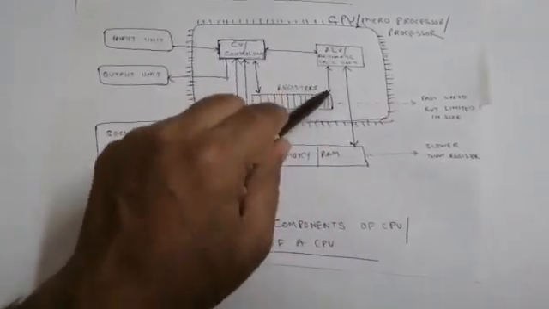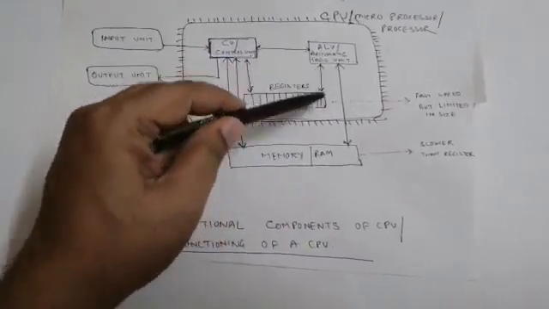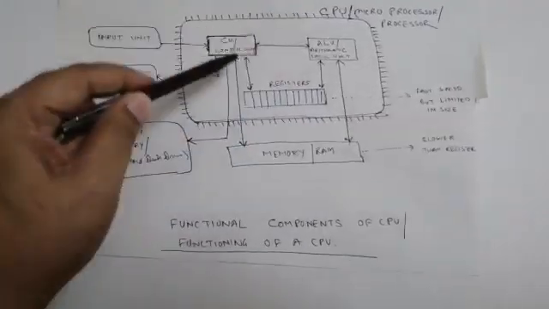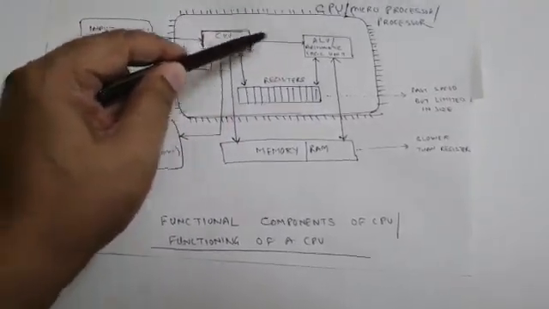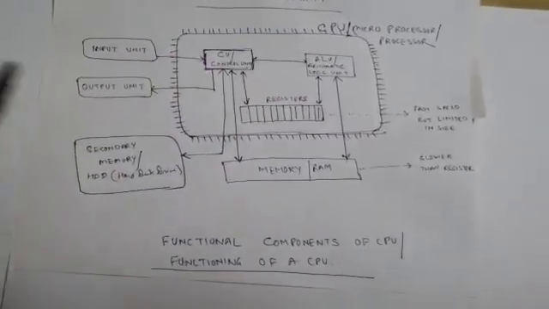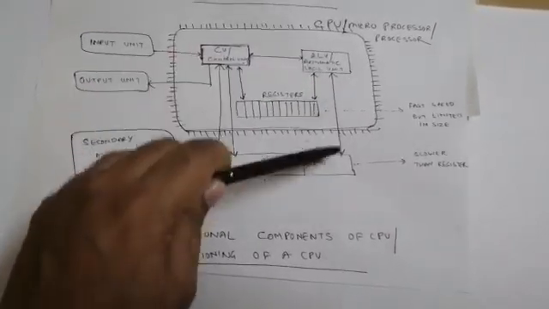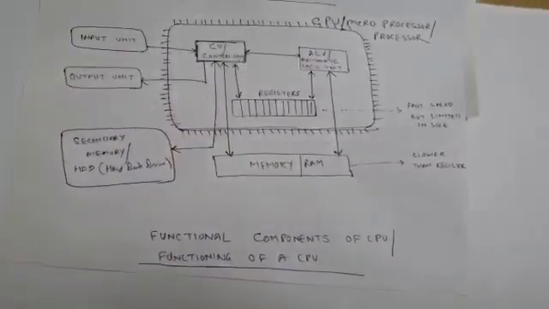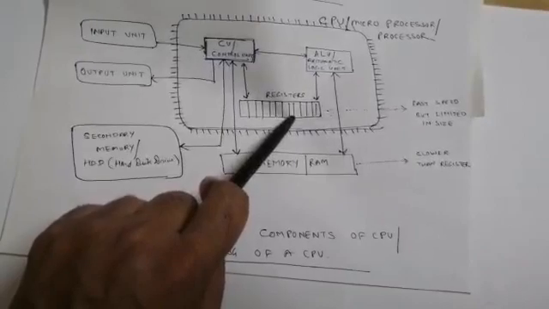And here see the arrow, both side arrow. That means it can store in a register also, and it can take the data from the register also whenever required. Right. It can take the data from the CU also, and the CU can give it the data also whenever required. It can store the data in RAM also if required, or take the data from the RAM also for processing if that will not be in a register.